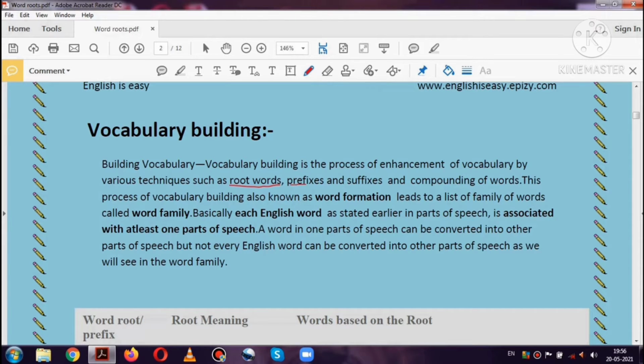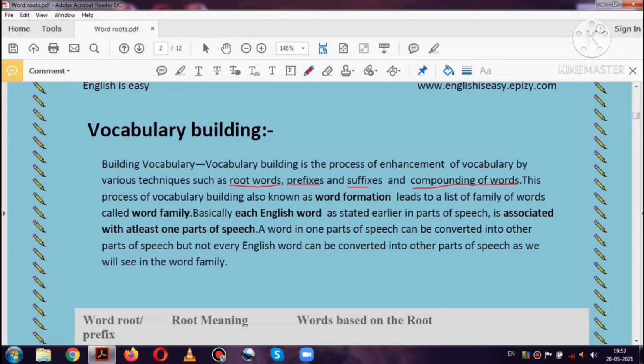Then prefixes: parts of words that come at the beginning of a word are known as prefixes. Then suffixes, or compounding of words, where words are joined to form a new word. Compounding is also one of the techniques of word formation.